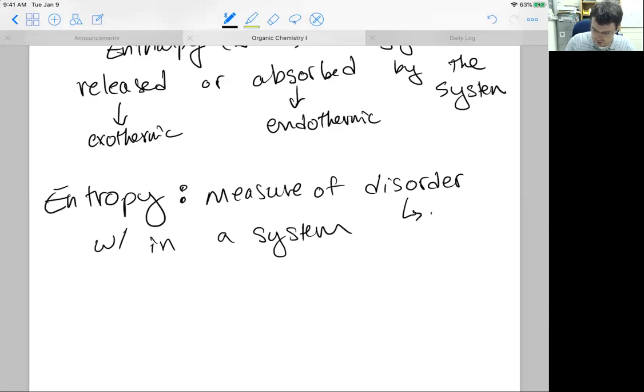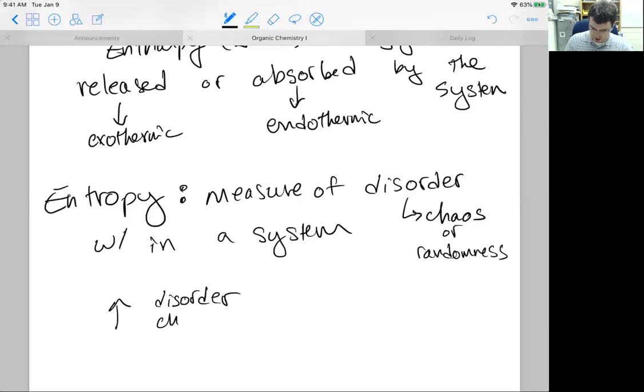And sometimes you can use more fun words like chaos, or less fun but more true words like randomness. So disorder, chaos, or randomness have to do with entropy. Now, in particular, what it's saying is that as you increase disorder, if something has become more disordered, it's more chaotic and it's more random.